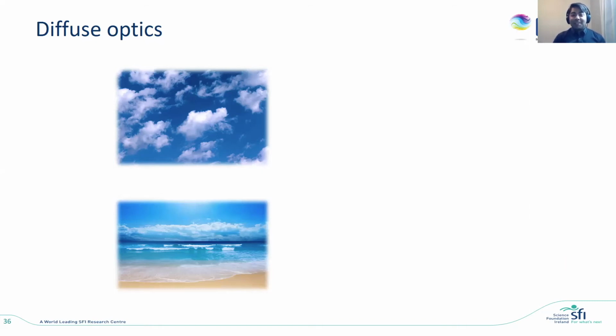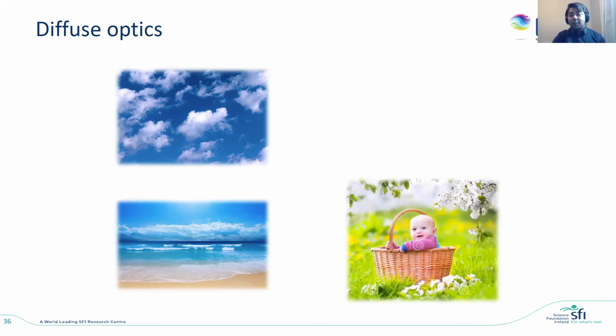You may not have noticed it, especially if you were planning to go to the beach this year, I hope COVID doesn't stop you. But just remember that the next time you go to the beach, you can see all the diffuse optics beauty there. Diffuse optics is also present all over nature. So you can see diffuse optics everywhere.